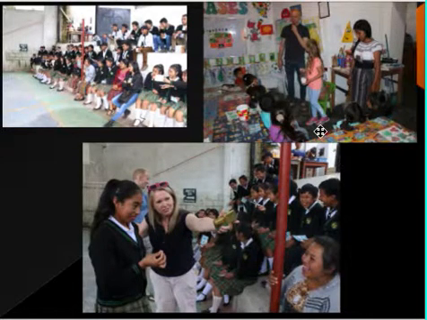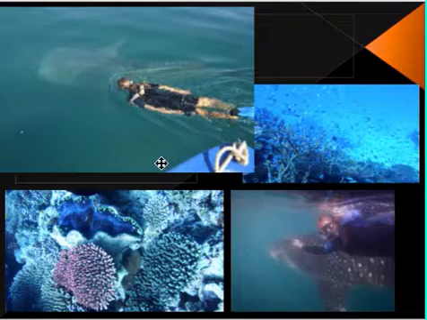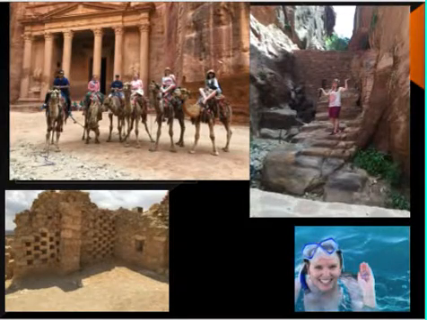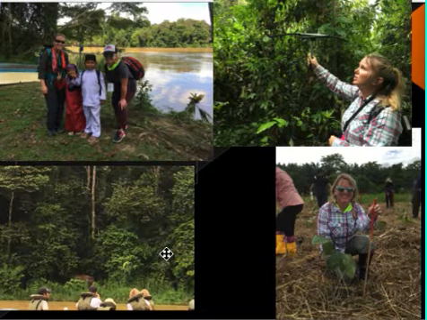I do have 5 kids, and this is one research project that we did in Guatemala where we taught science in the schools, and then also planted high yield container gardens for the single women that are there. Here was me in the Sea of Cortez in Mexico doing whale shark research, and in the Middle East doing some drought research, and here in Borneo doing primate research and work on the pygmy elephants.